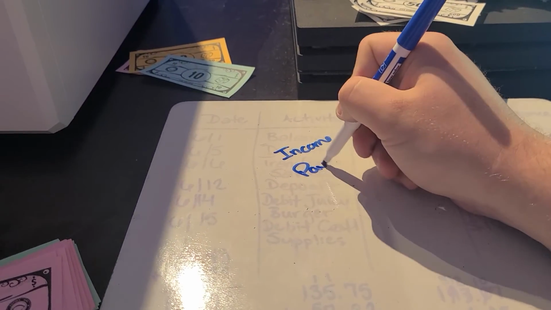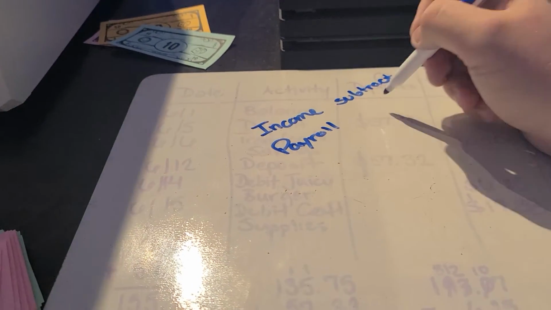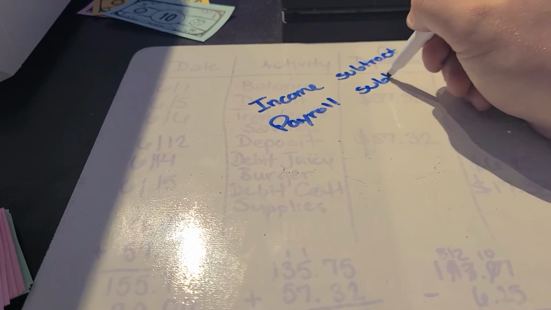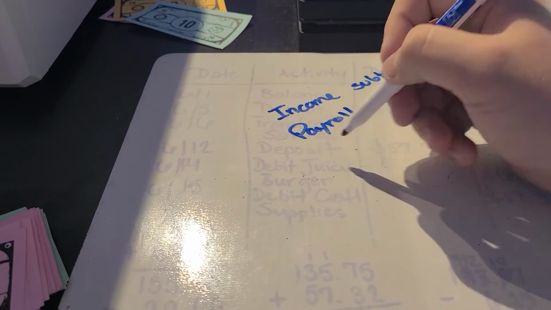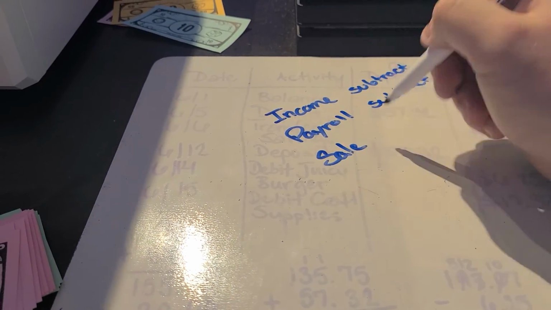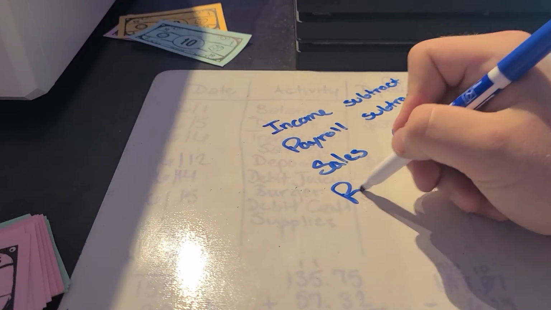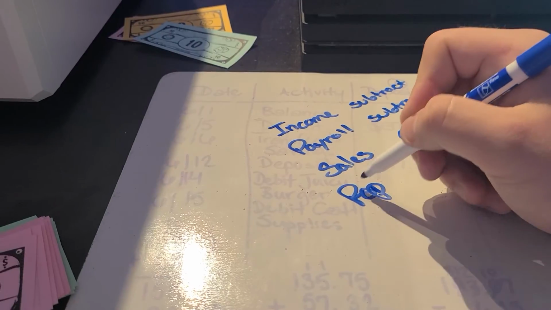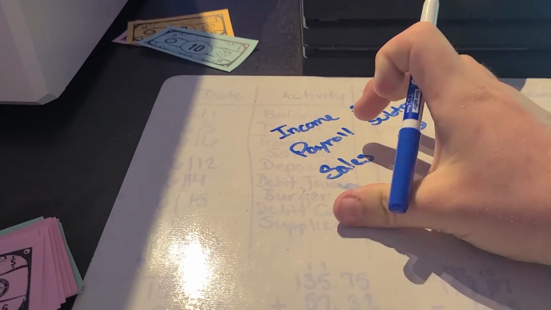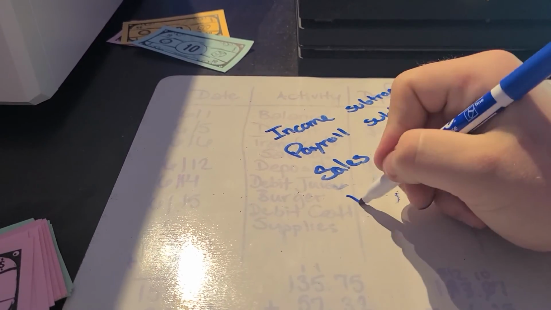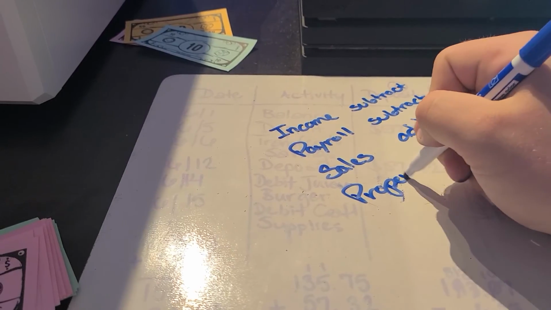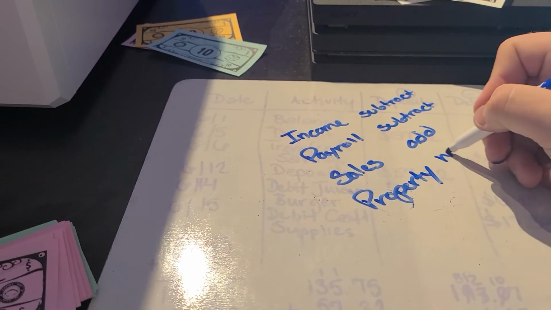Payroll will be subtracted. Sales tax will be added, and then property tax, help if we could spell. Property is neither of.